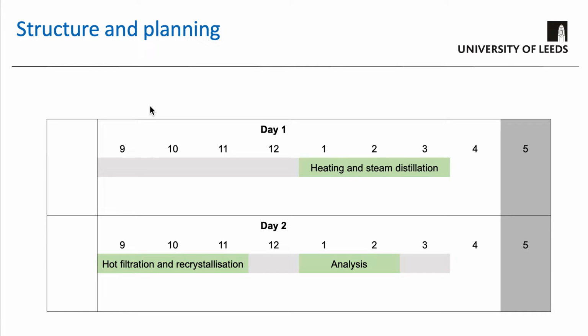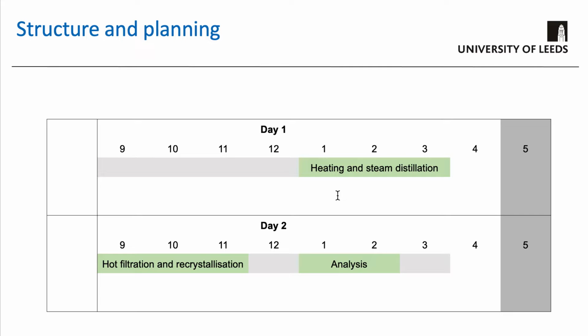In terms of the structure and planning of this experiment, it's timetabled for you to run in your second block of lab experiments. One of the things you'll be doing is finishing off one of the steps from your other experiments, so we left a gap for you to do that on your first day. You should finish your other experiment in the morning and be able to start this experiment in the afternoon.